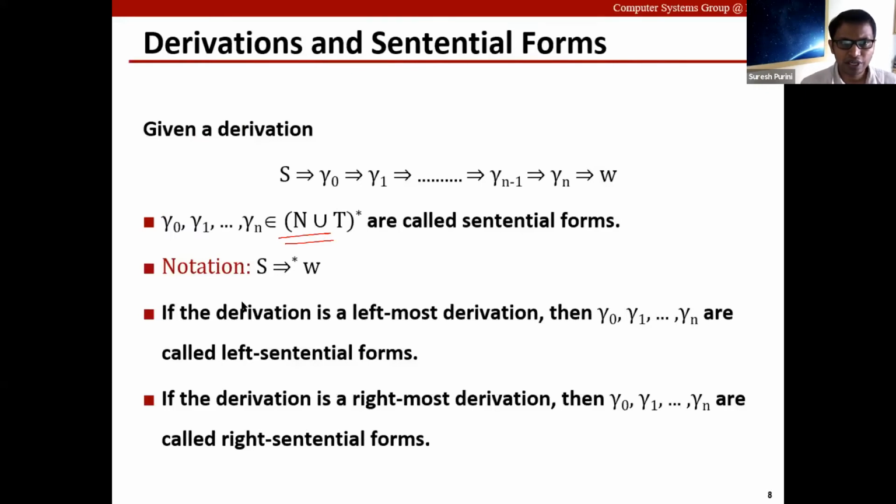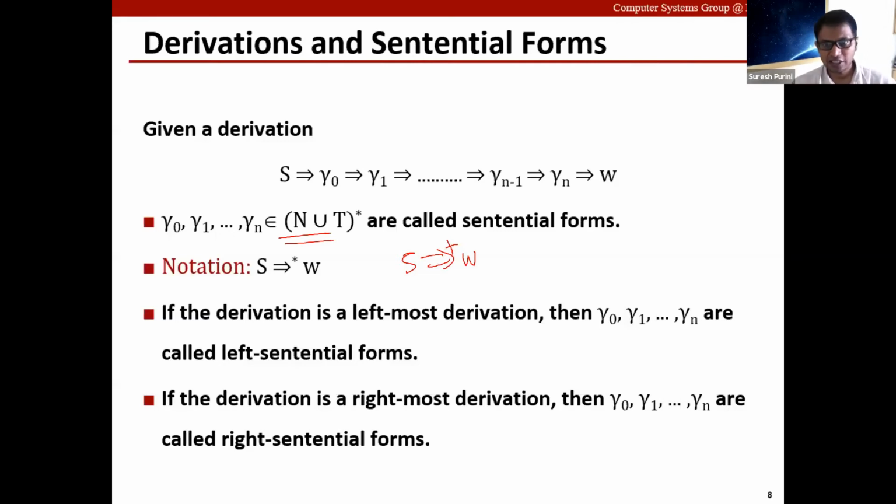We use the notation S derives W in 0 or more steps, and sometimes we also use the notation for 1 or more steps, meaning we are able to discover the string W from the start symbol S in 1 or more steps. Star means 0 or more steps, plus means 1 or more steps.